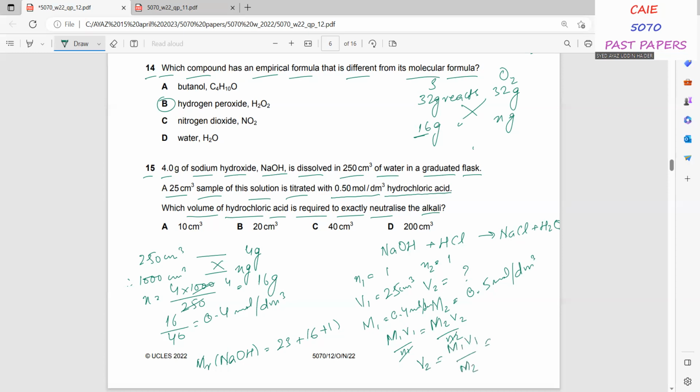Placing all the values, M1 is 0.4 multiplied by 25 and divided by 0.5, which is the concentration of HCl. So 0.4 multiplied by 25 divided by 0.5 gives 20 cm³. So this will be the right answer.